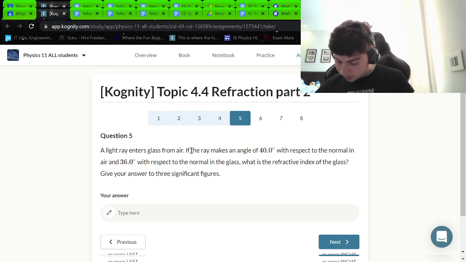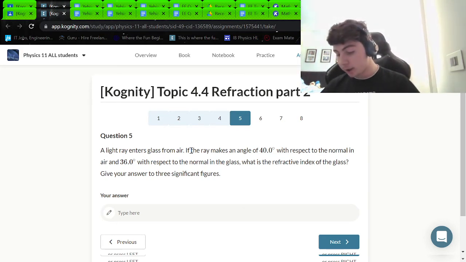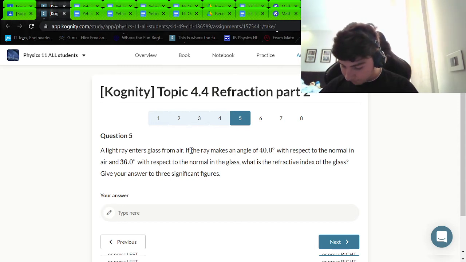Another Snell's law question, but this time we're going to ignore the V and we're going to use the N, right? So it's N1 over N2, N2 is sine theta 2 over sine theta 1. We have both angles.